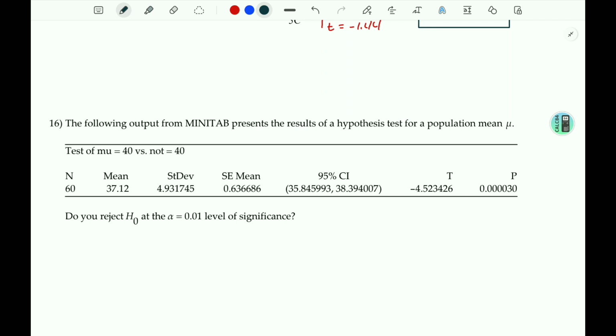In this case, we're going to use the p-value method. Now, if the p-value is less than or equal to alpha, you want to reject the null hypothesis. But if the p-value is greater than alpha, do not reject the null hypothesis.